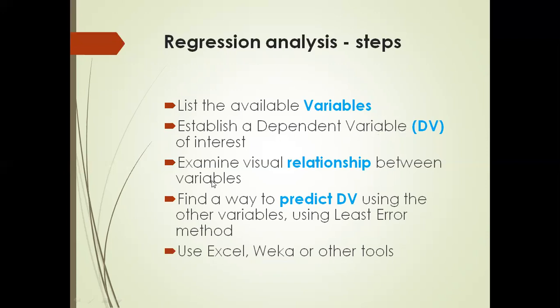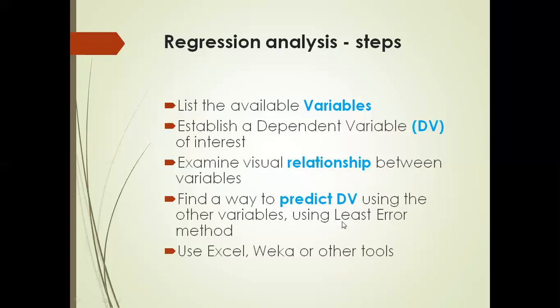Then in the third step, examine the visual relationship between the variables. If there are two variables, then we are supposed to examine what the relationship between those two variables is. The next step is to find a way to predict the dependent variable using other variables using the least error method. This is very important.